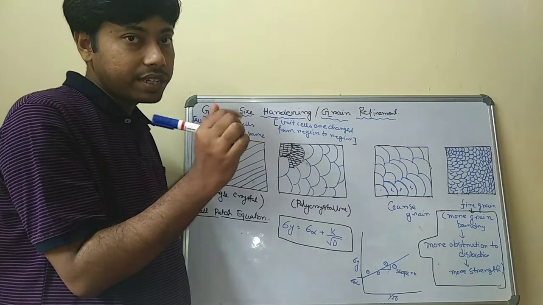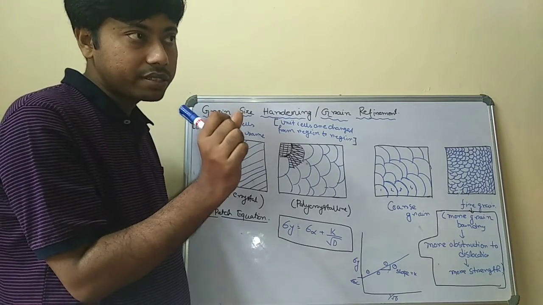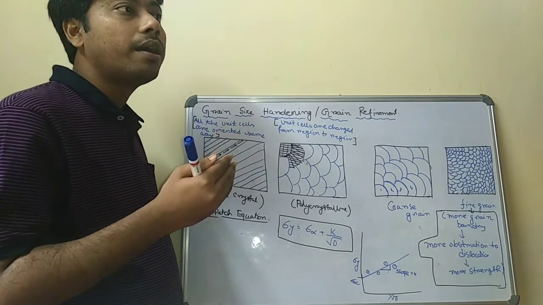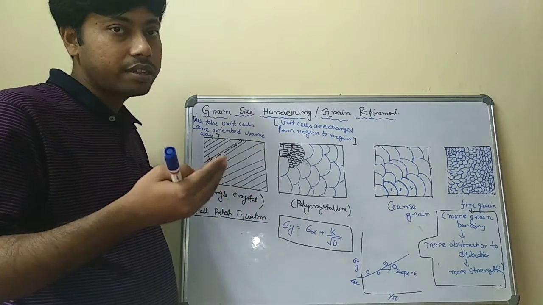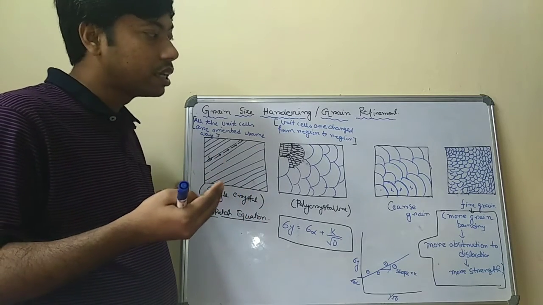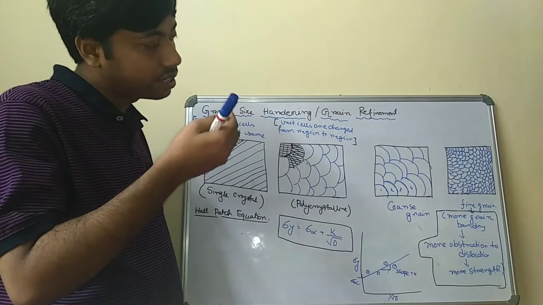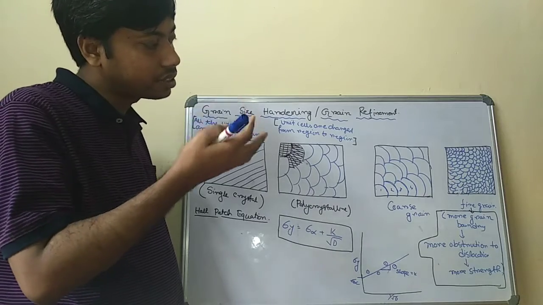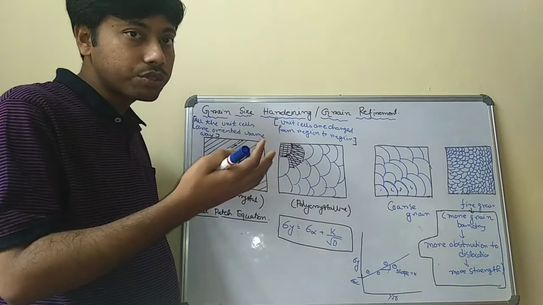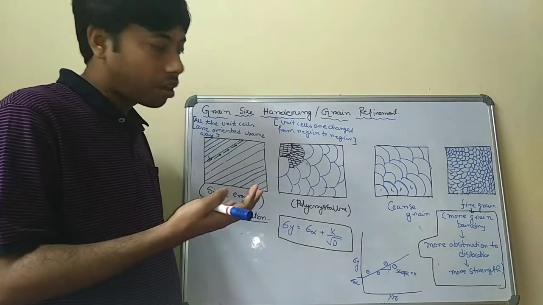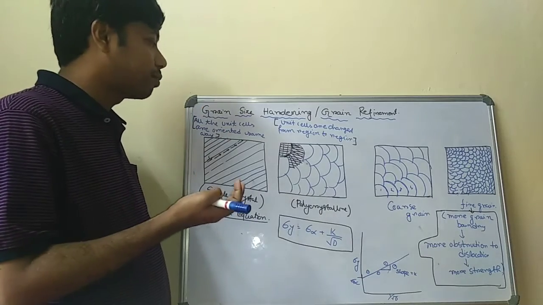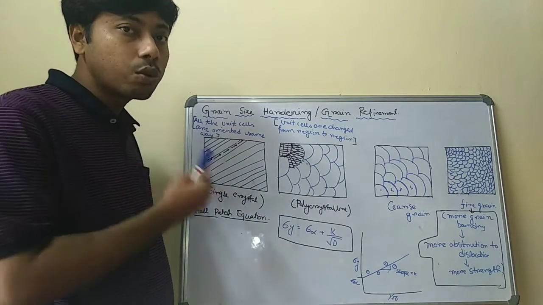If the grain size is very small, the number of grains is very high, and if the compact grain structure is there, it produces high strength. So fine grain can produce more strength compared to coarse grain.